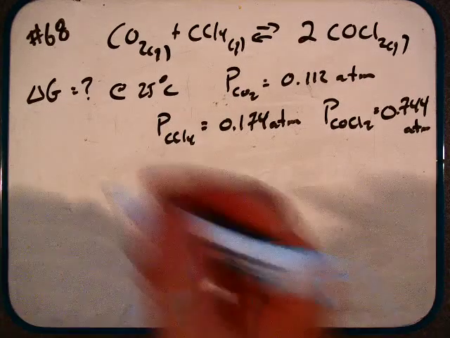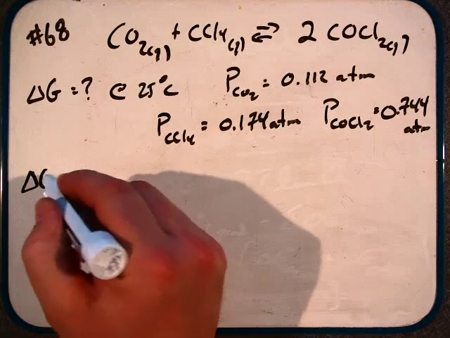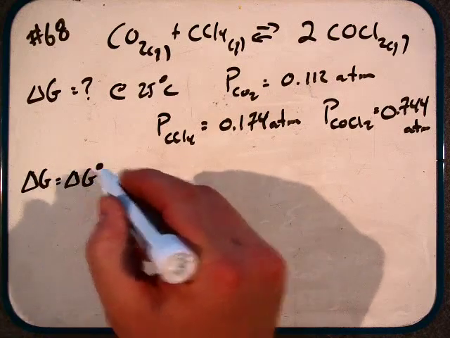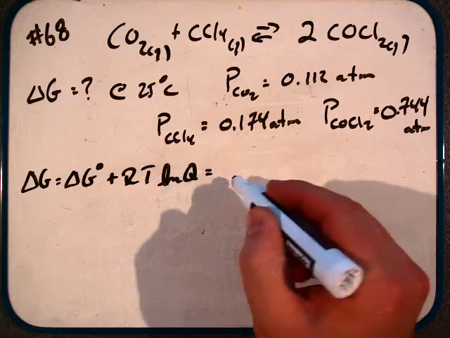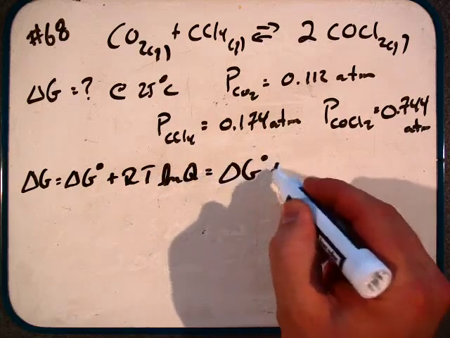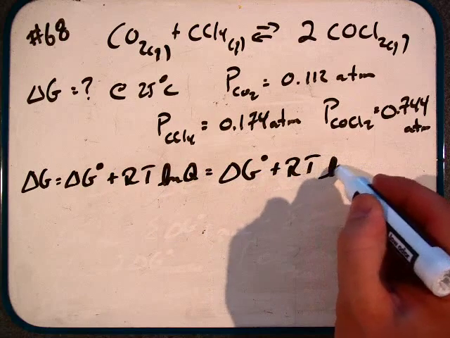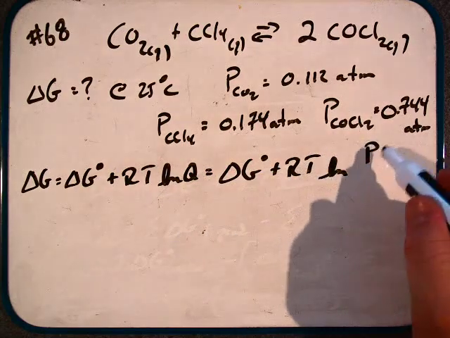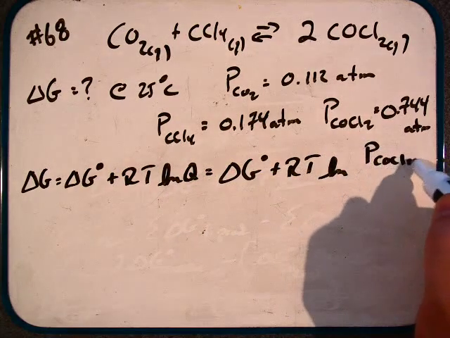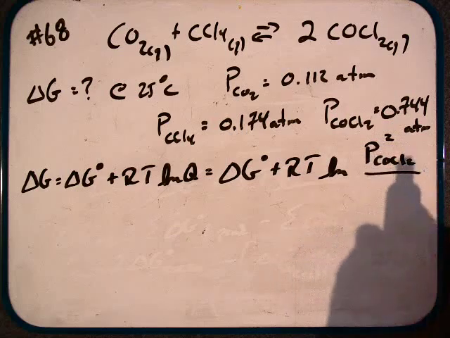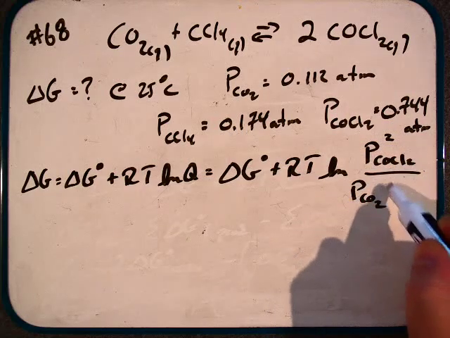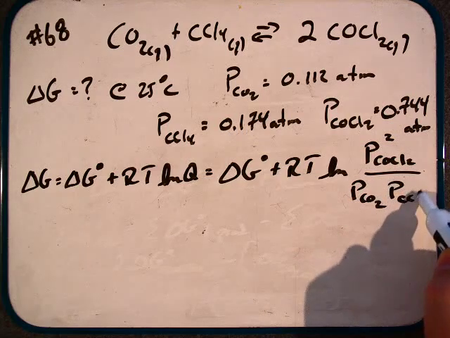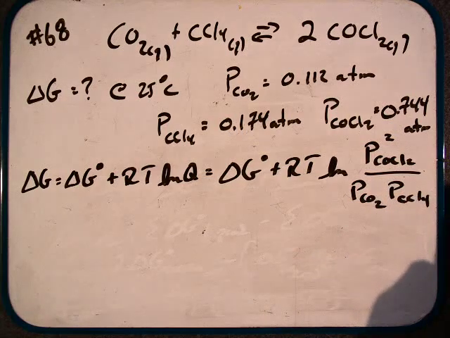So if we take that delta G expression just a little bit further, we know what that Q is. It's going to be the pressure of our COCl2 squared over the pressure of our carbon dioxide times the pressure of our carbon tetrachloride.